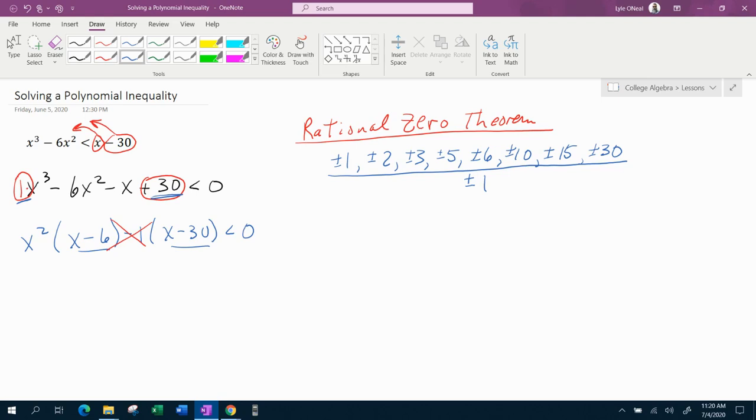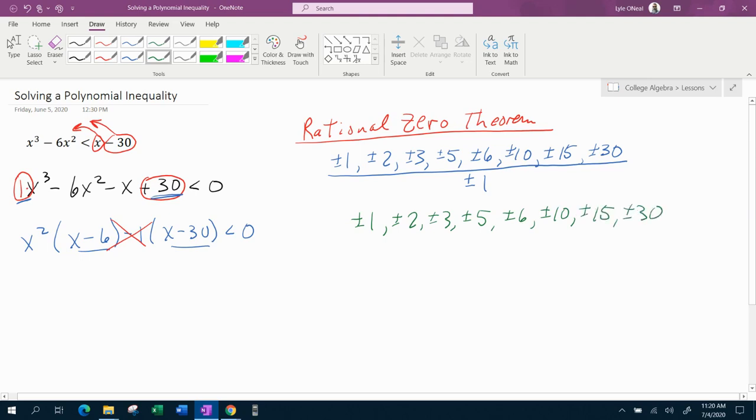So all of the possible rational zeros would be plus or minus 1, 2, 3, 5, 6, 10, 15, and 30. Now that's a lot. 1, 2, 3, 4, 5, 6, 7, 8 times 2. That's 16 possible rational zeros.